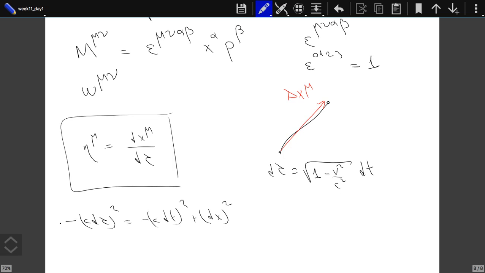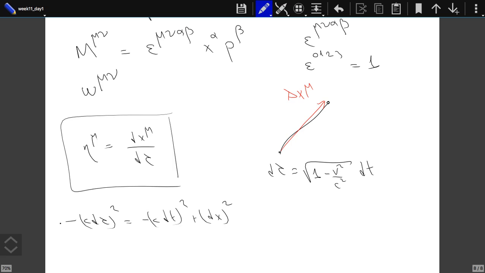I'm just ignoring... Times 1 plus i epsilon Mx, 1 minus i epsilon My, 1 minus i epsilon Mx. Let me multiply them two by two: 1 plus i epsilon (Mx plus My), 1 minus i epsilon (Mx plus My).